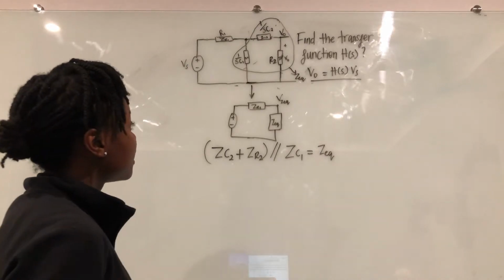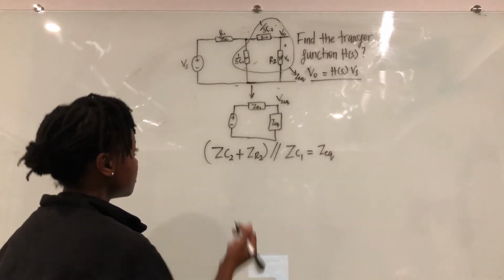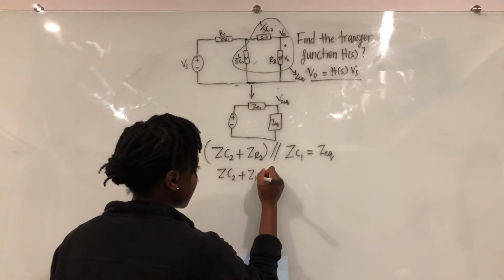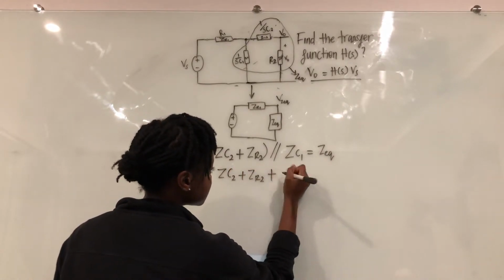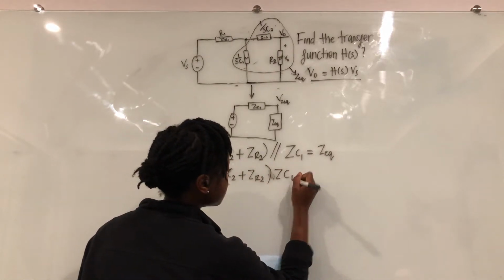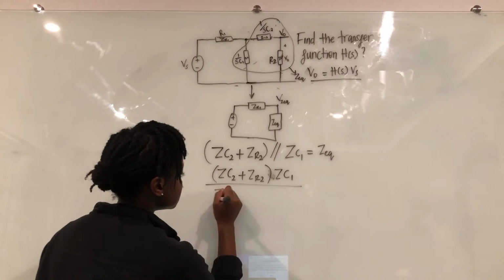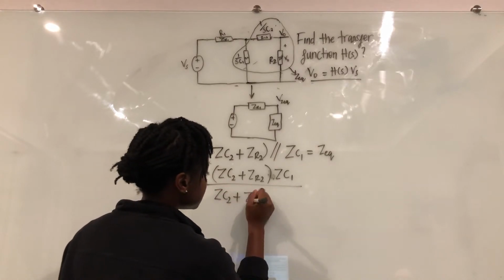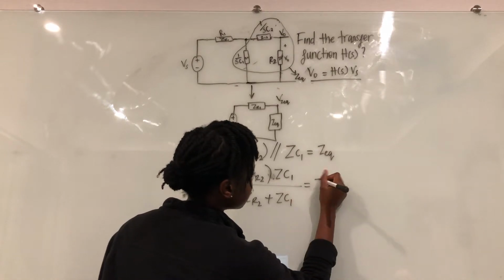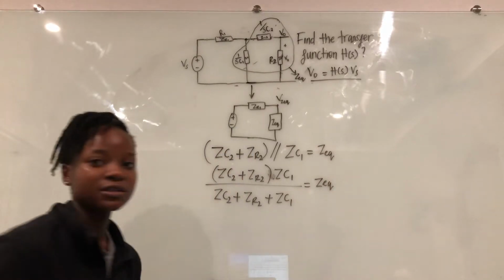From here, we can simplify this further. We have ZC2 plus ZR2, multiplied in this case with ZC1, over ZC2 plus ZR2 plus ZC1. All of these equal our Z equivalent.